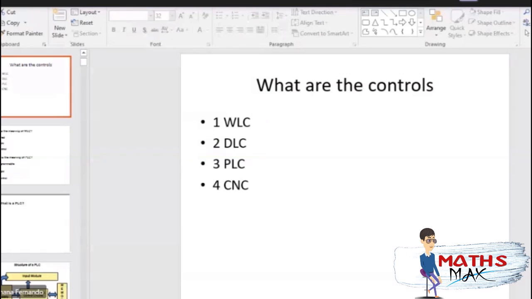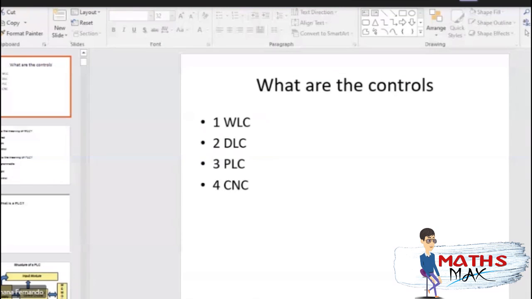CNC means computer numerical controller. When you say computer numerical controller, we know that a computer is involved, right?